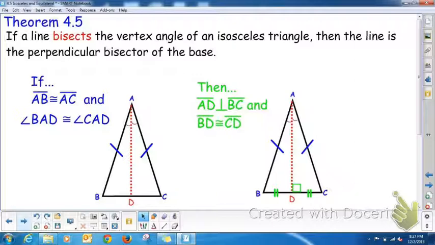So, if segment AB is congruent to segment AC and angle BAD is congruent to angle CAD, then you know AD is the perpendicular bisector of BC, and therefore you know that this is a right angle and that these two sides are congruent. Then you could prove those two triangles are congruent using hypotenuse leg.